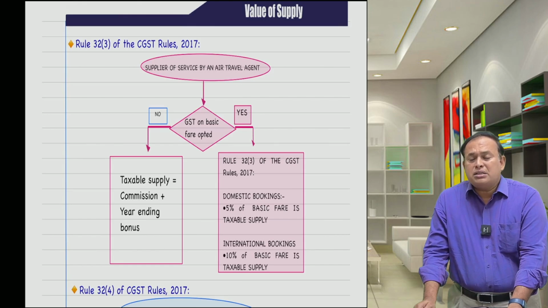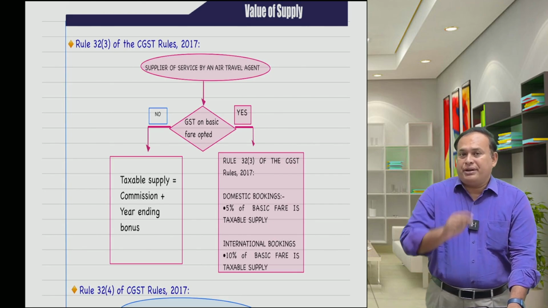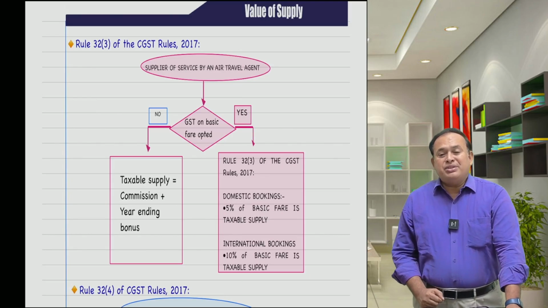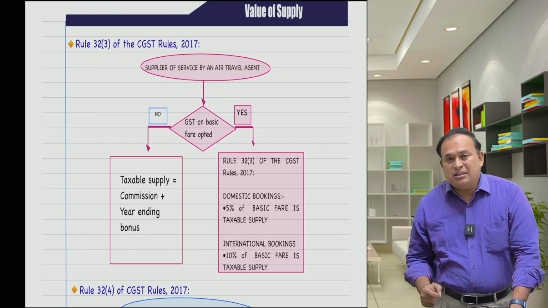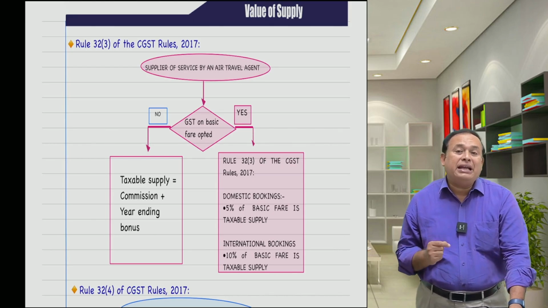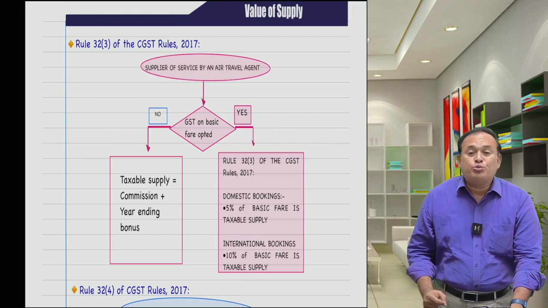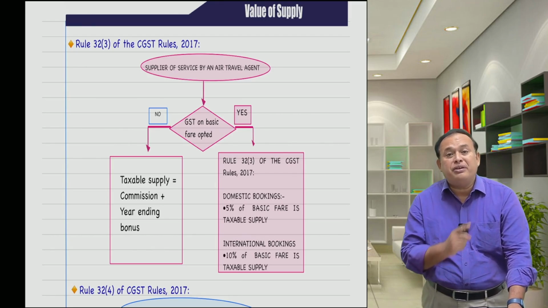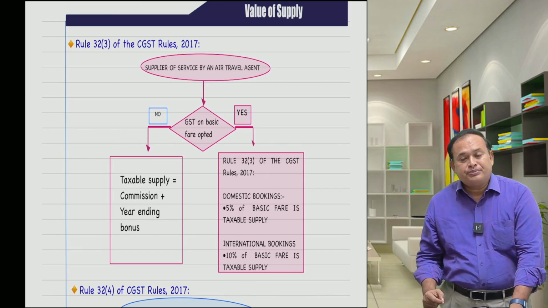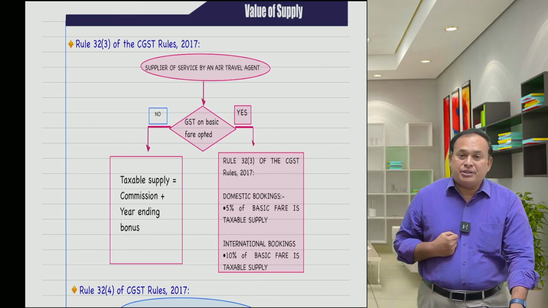Services supplied by an air travel agent, not operator. My name is Akbar Travel. I am one of the air travel agents, facilitating my customers to book flight tickets of air travel operators. Thereby, I am getting the commission.